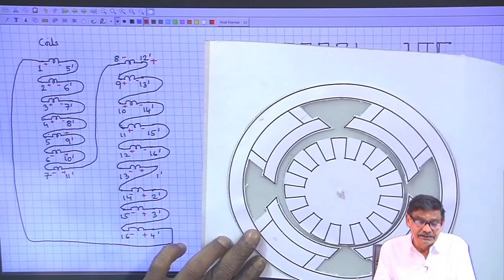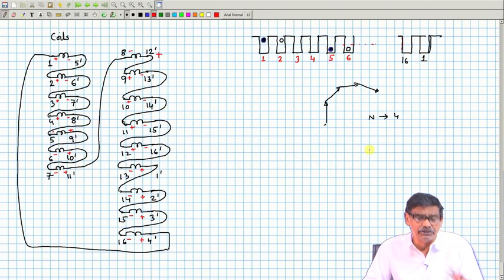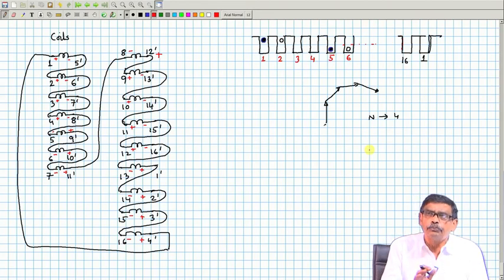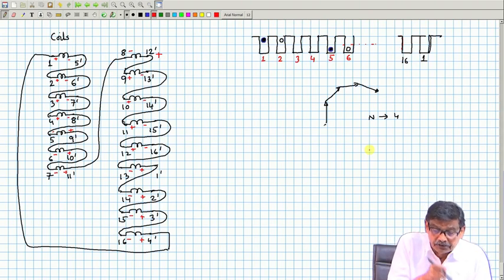Now, the question is, let us assume that 1, 2, 3, 4 are under the influence of the north pole, and the direction of rotation is such that I apply the right hand rule and come to the conclusion that coil sides 1, 2, 3, 4 are plus.